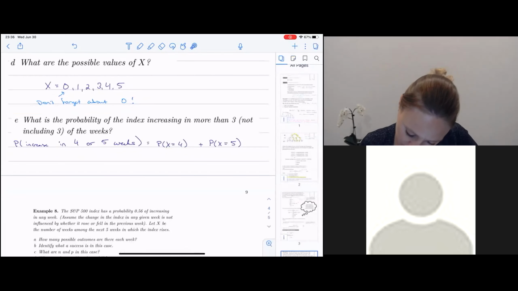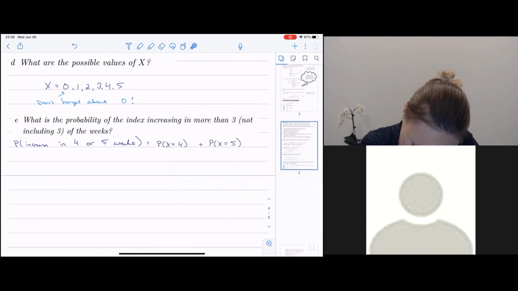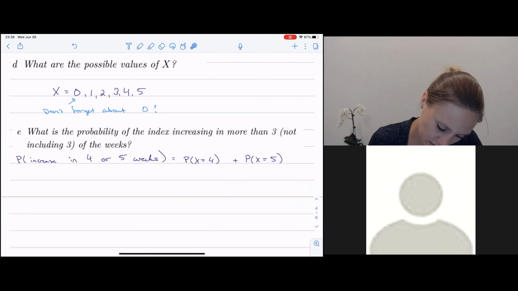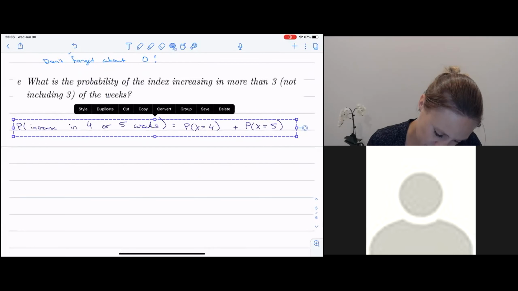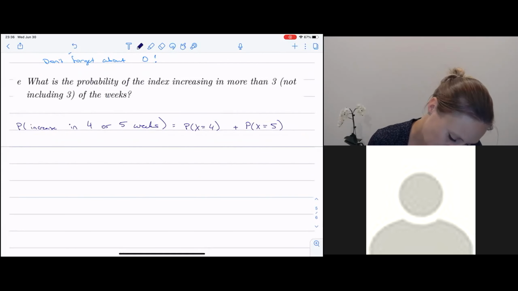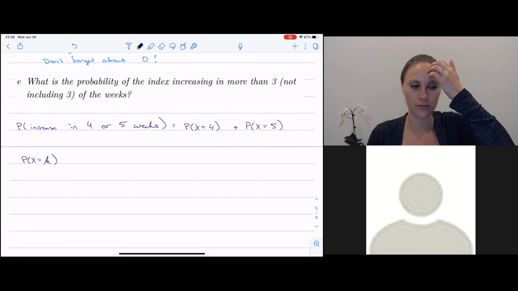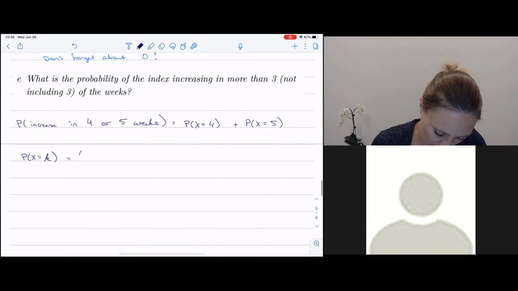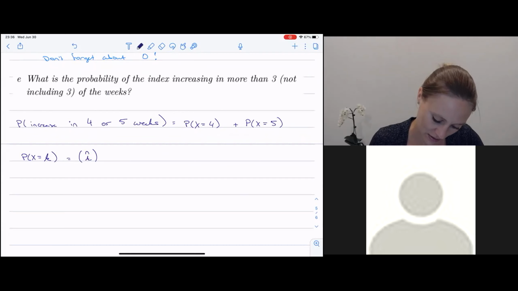So let me just add a page here. So we can do that. And maybe give myself some room here. So the probability that x equals k in general, so I'm going to write out the general formula, is n choose k. And I don't want to see a line here. It's not a fraction, right? It's its own function that looks like this.